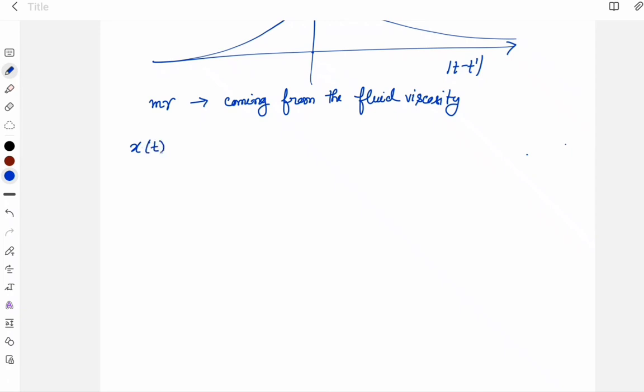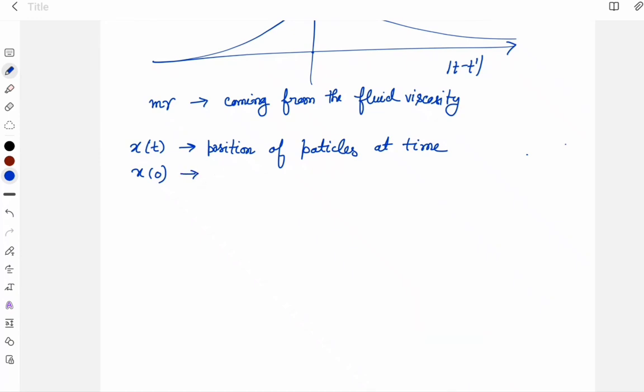Let's say x of t is the position variable of the particle at time t, and let's say at 0 time it is at some x0.